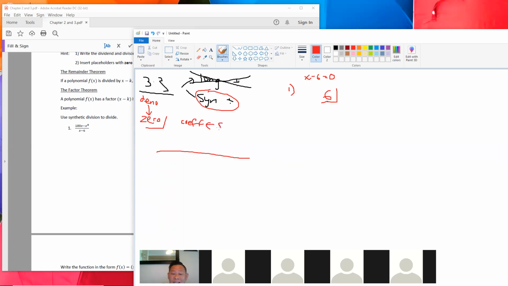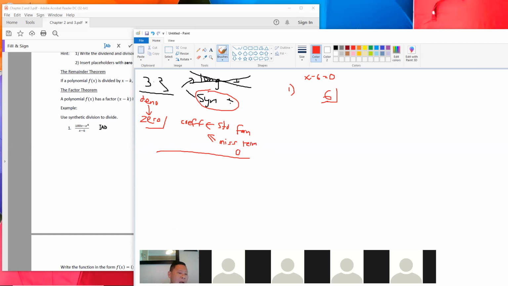This has to be in standard form, which means from the highest power to the lowest power. If there is a missing term, you have to include 0 as a placeholder.